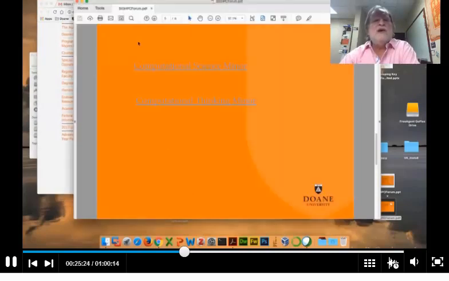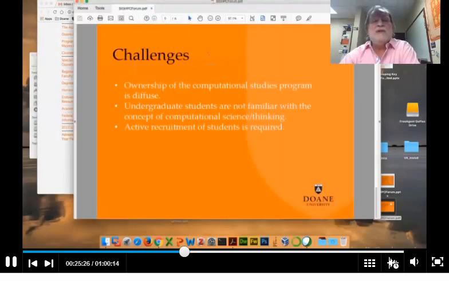Okay, so what are some of the challenges that we've experienced? Well, first of all, the ownership of these two minors is very diffuse because we're talking about faculty from a wide variety of departments.